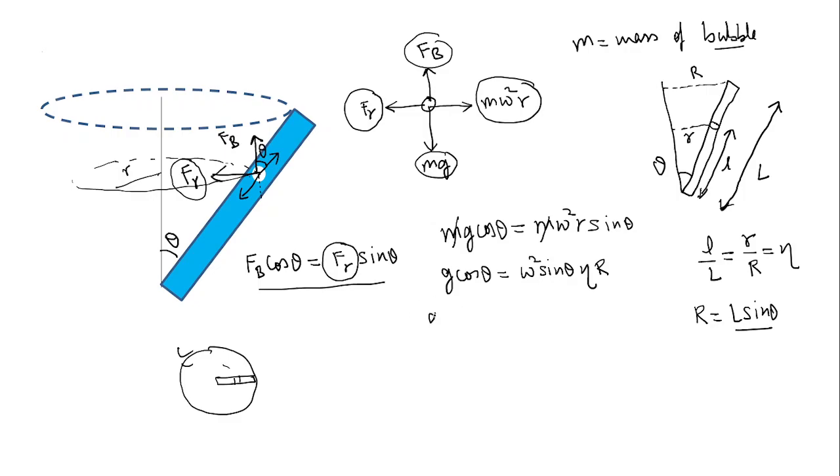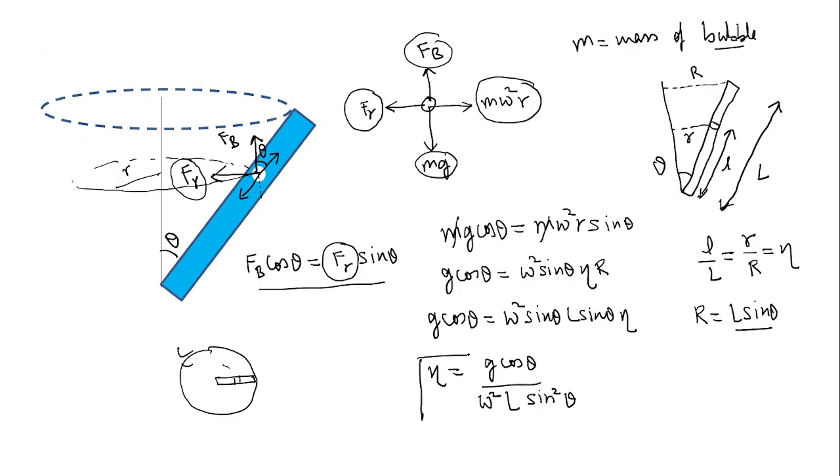You get g cos theta equal to omega square sin theta times L sin theta times eta. That means eta you get simply g cos theta upon omega square L sin square theta. This is the value of eta we get.